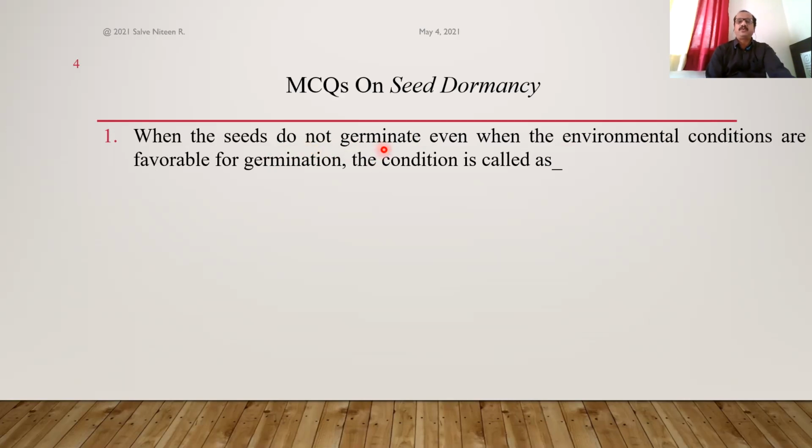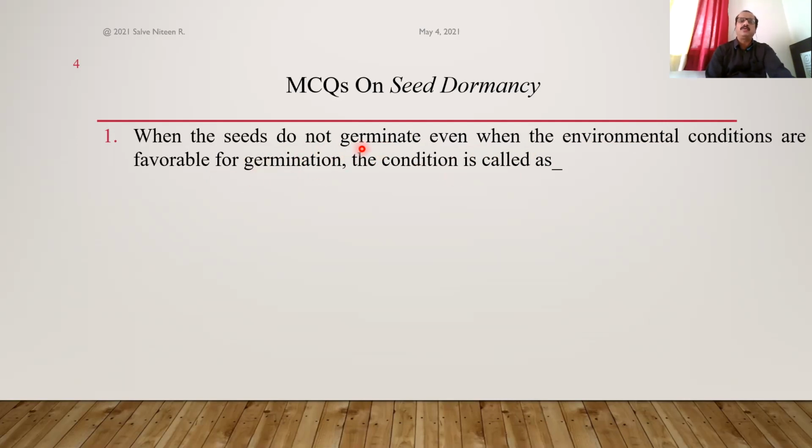Seeds do not germinate even when the outer environmental conditions are favorable for germination, like your optimum temperature, availability of water or moisture, and availability of aeration or oxygen for respiration.